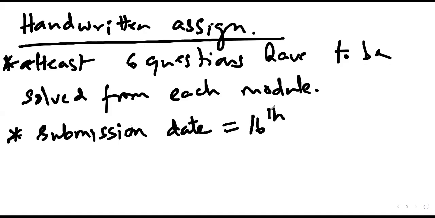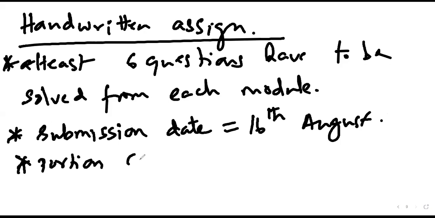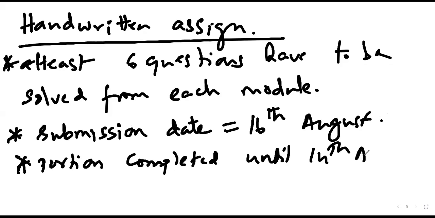Now, whatever portion is completed until the 14th of August can be considered in this particular assignment. Rest of the things remain the same as what we did in the previous semester. But the only thing is, let us assume the questions you have selected.